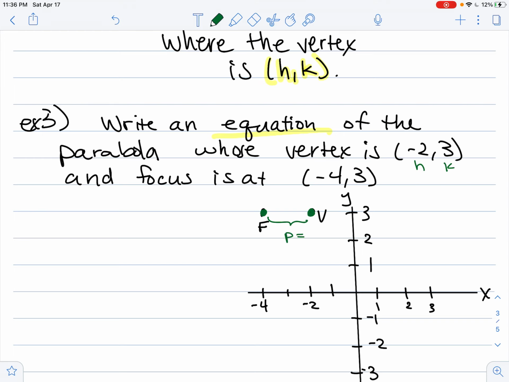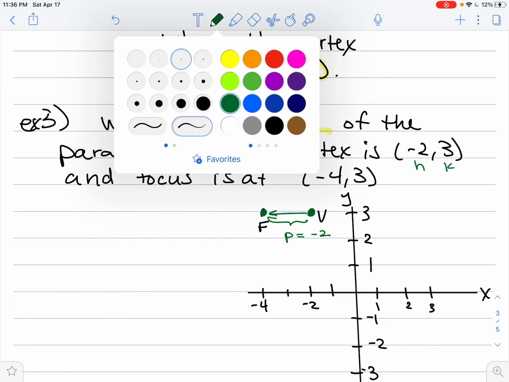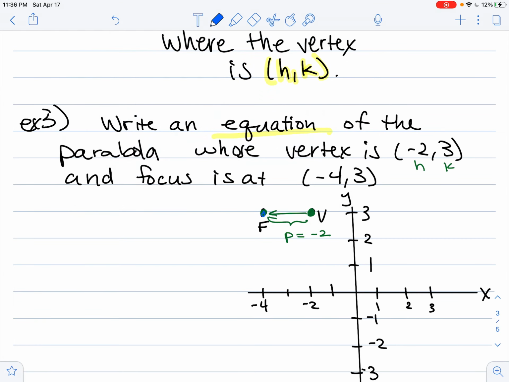And I know the distance is going to be a -2 because I went this direction to the focus. So I know that because the focus is always inside the parabola, it's going to look something like this. But the crux is I know that the p is -2.